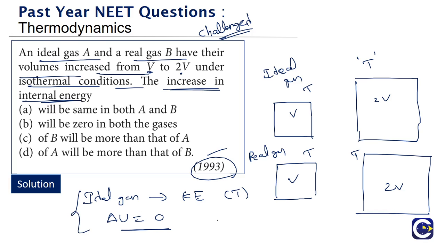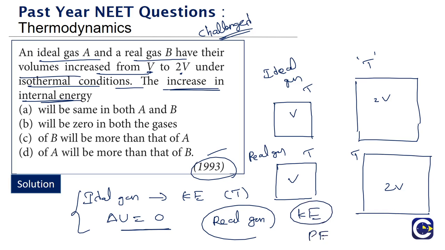Whereas for a real gas, right? So this is the reason why I said this question kind of can be challenged. Real gas, the internal energy would mean both the kinetic energy part as well as the potential energy. Because real gas particles, there will be what? Interactions between the particles. They will have what? Potential energy.